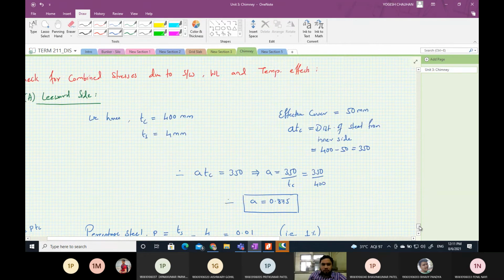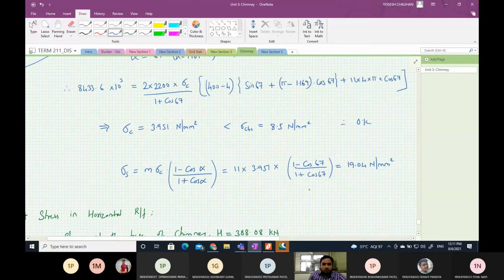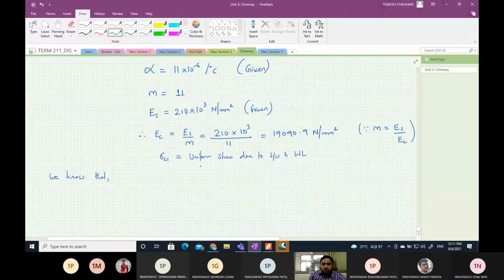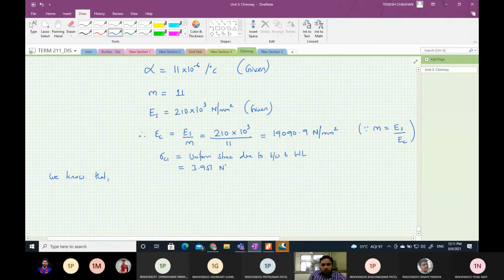From the calculation of the sulfate and wind load case, the stress we obtained is 3.951 Newton per mm square, which is obtained from the earlier calculations for case 1. Okay.